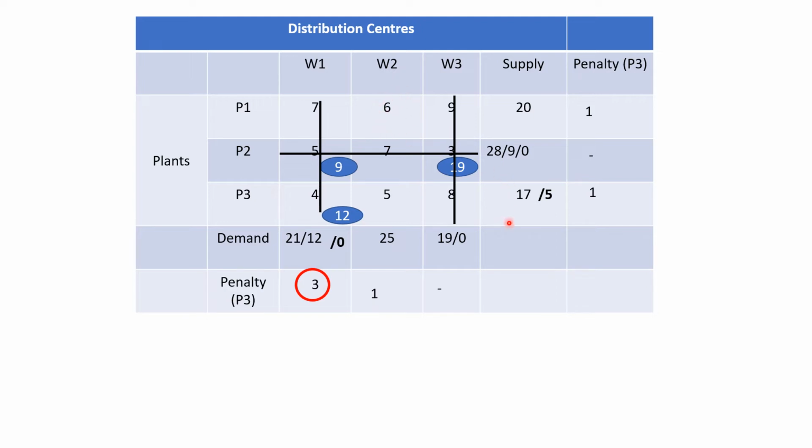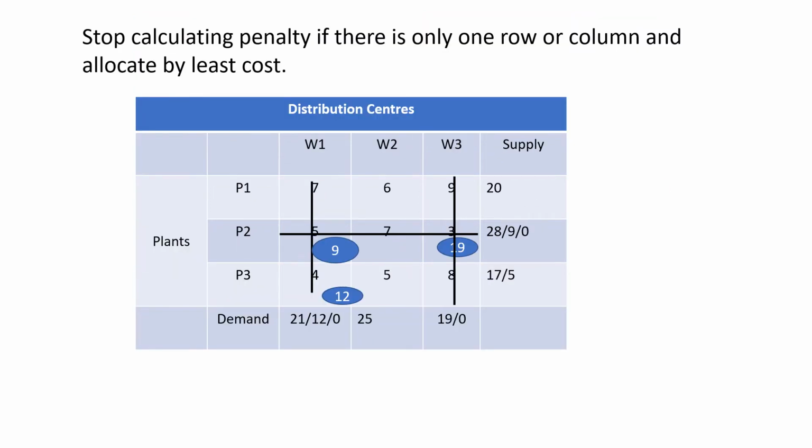So let's see. 5 we have allocated here. So supply and demand are to be changed accordingly. So it becomes 0, so we will strike out this particular row, right? So it's like this, and then finally 20 demand and 20 supply. This 20 is to be allocated to the cell containing 6. So we have it here, right?